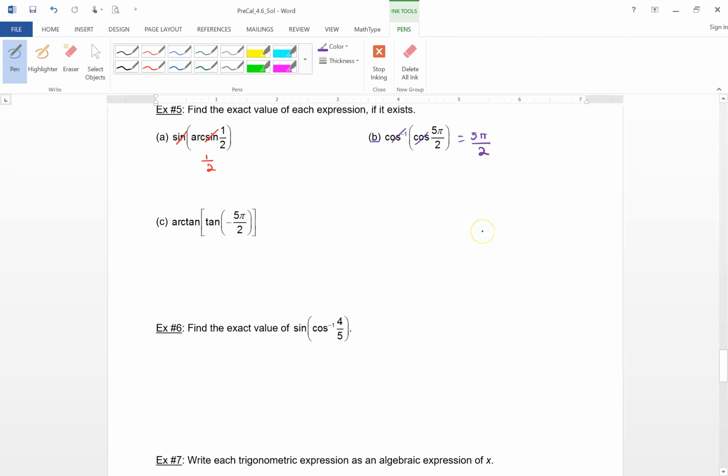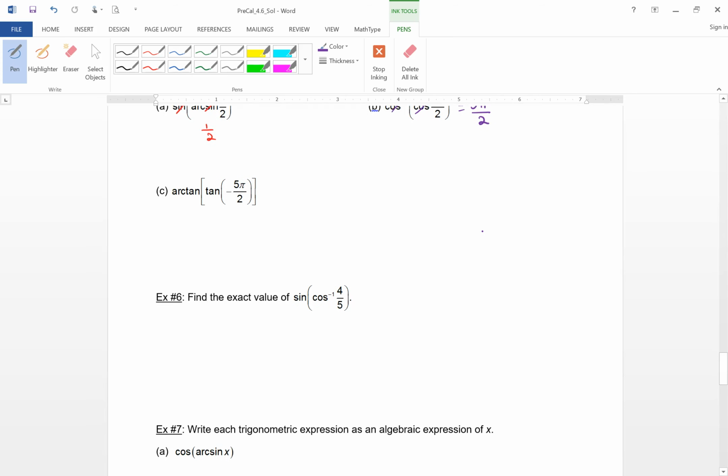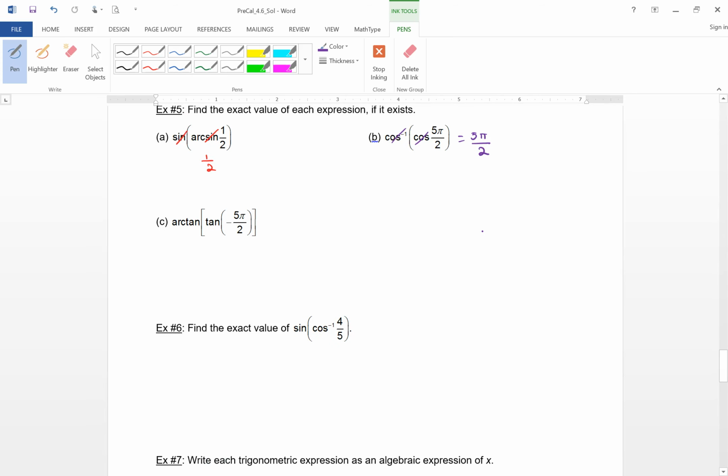Now, here's this one. Nope, not the same thing. Because how much is this? Negative 5 pi over 2. Does it exist? Does tangent of negative 5 pi over 2 exist?